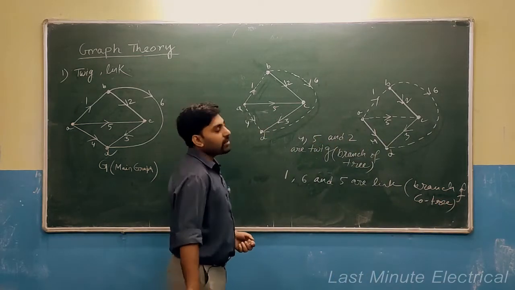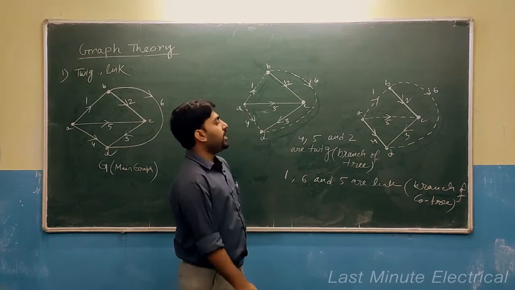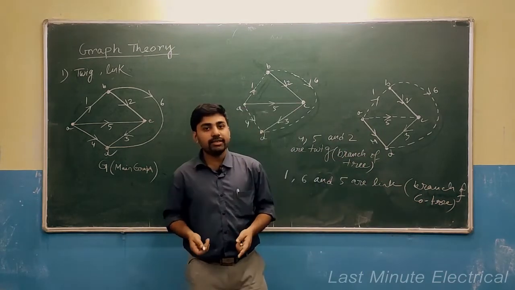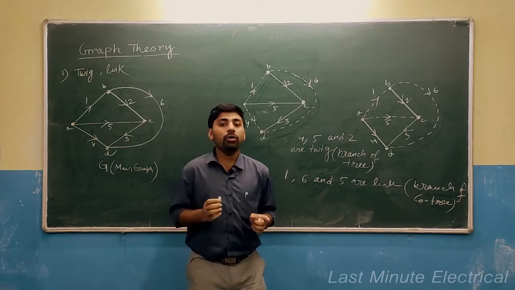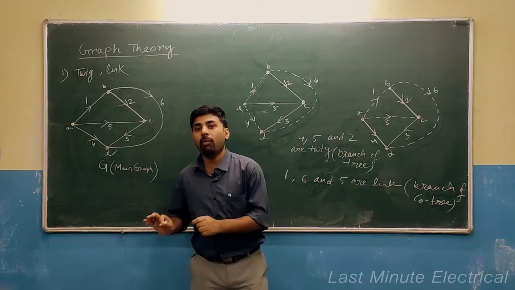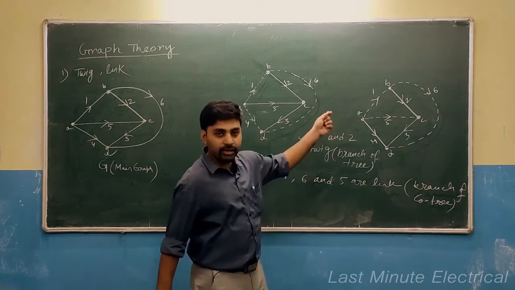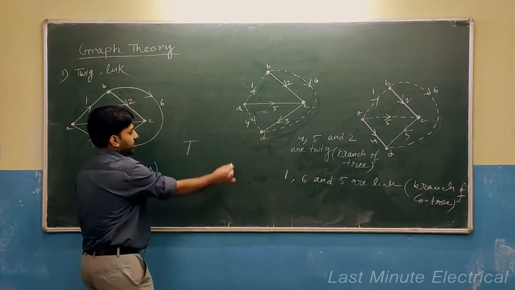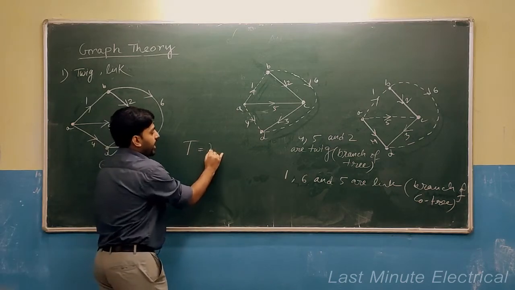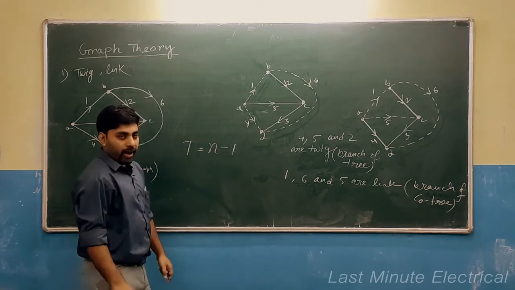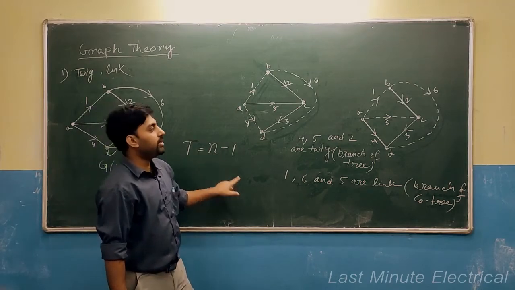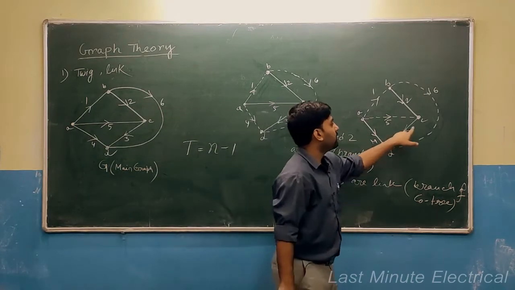Now, one thing you must always remember: in a tree the number of twigs is always equal to n minus 1. Okay. In a tree the number of twigs T is equal to n minus 1, where n is the number of nodes present in that tree.